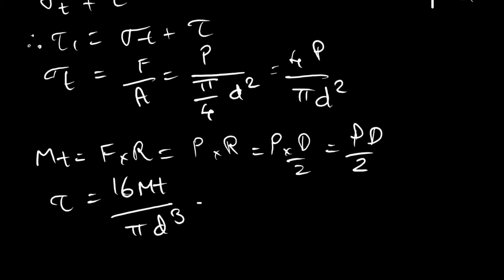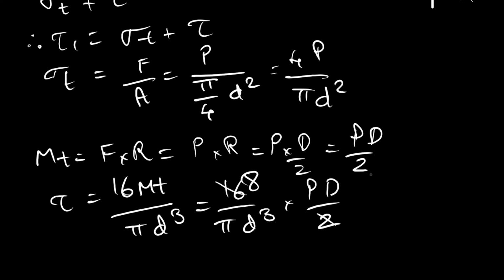So when we substitute Mt over here, what we wind up getting is 16 by pi d cube times Pd by 2. This gets cancelled out, so 8Pd by pi d cube.